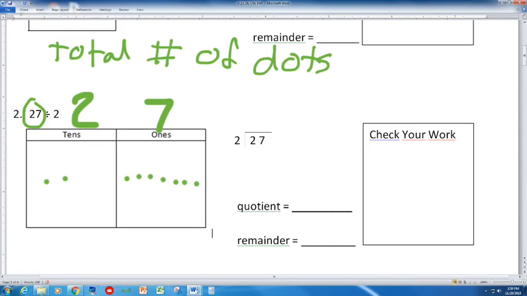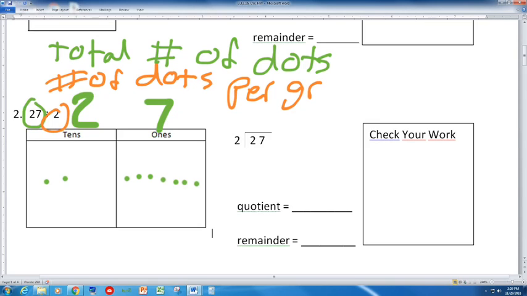Now we're going to separate these dots into groups of 2, our number of dots per group. We're going to do that for both places. So our tens has that one, and then we're going to go to our ones.